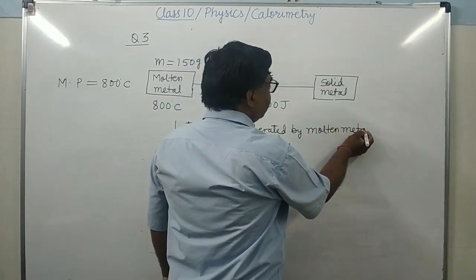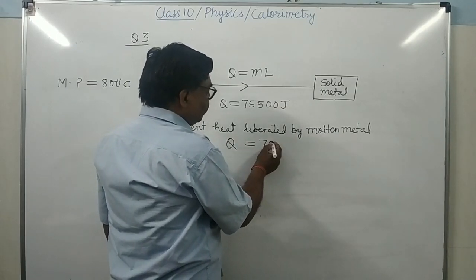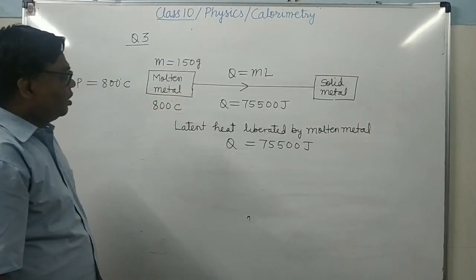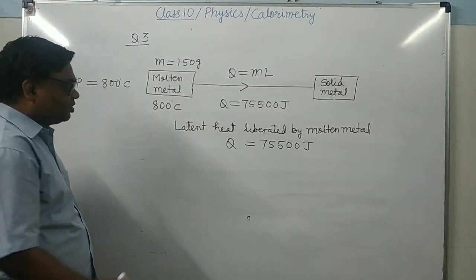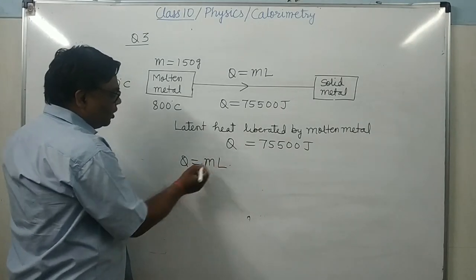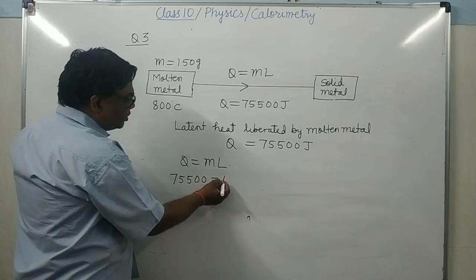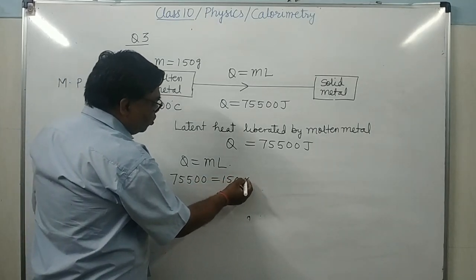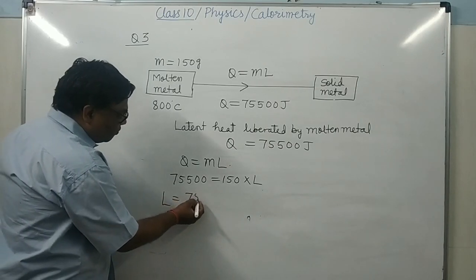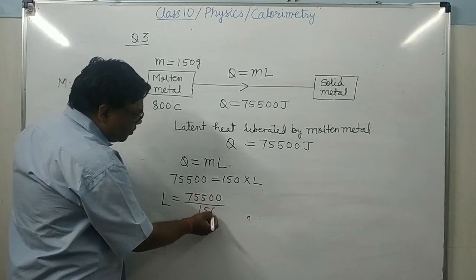So this is Q equals 75,500 joule. It's clear? So you have to find the SLH. As you know, Q equals M into L. So 75,500, M is given 150, into L. So what is L? L is 75,500 upon 150.